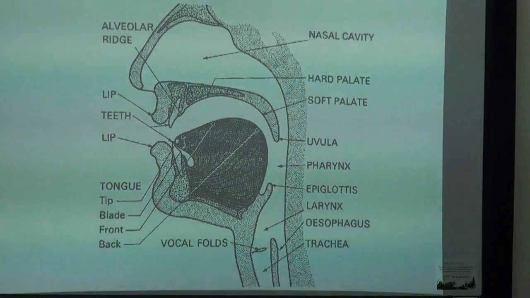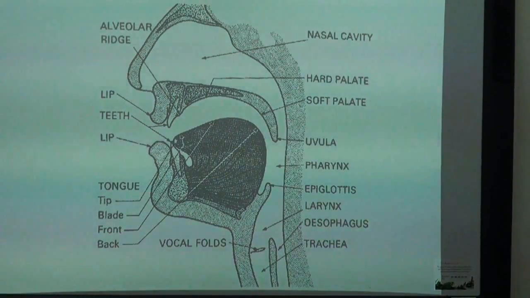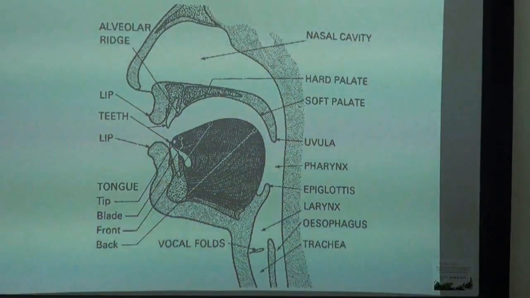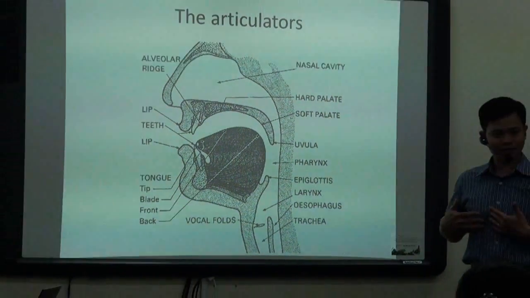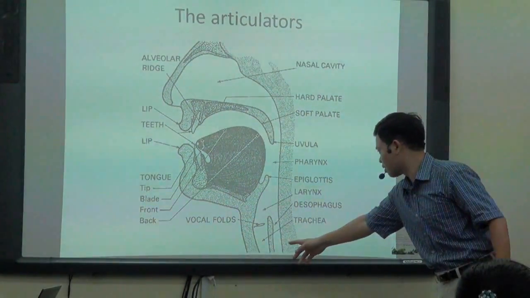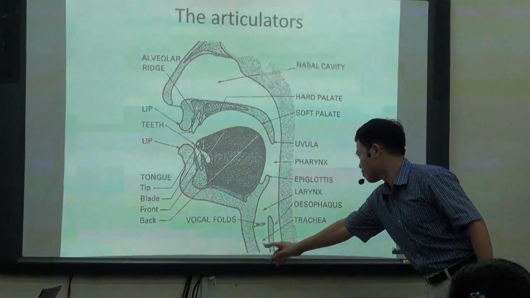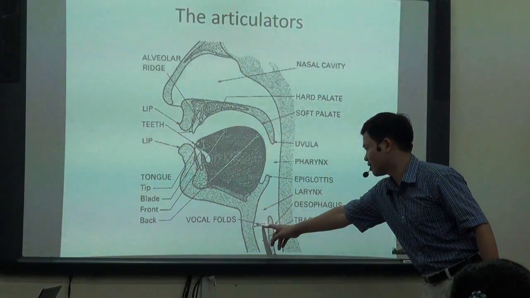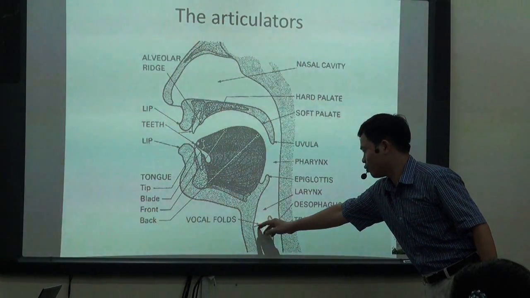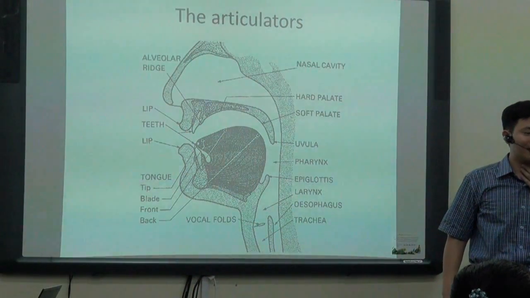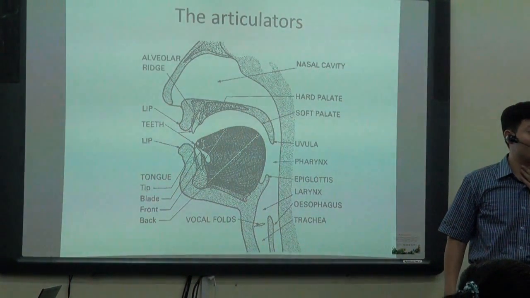So, in order for sounds to be made, air will go from the lungs up through the trachea, right? And then it will be vibrated here if the sounds are voiced.